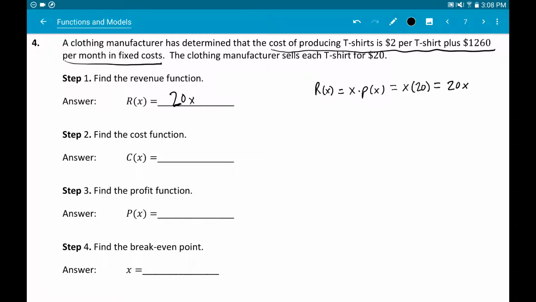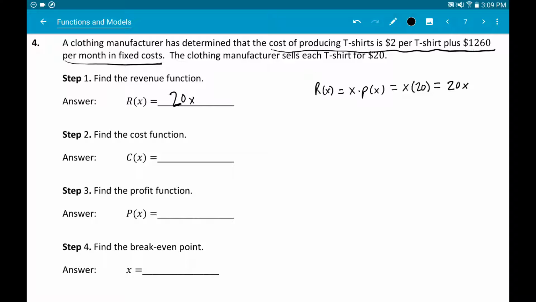So the idea is if they only sell 1 t-shirt, then they've only got to make 1 of them, so it only costs them $2. If they sell 5 t-shirts, then they've got to spend that $2 5 times, so it costs them $10. So it's a variable cost.